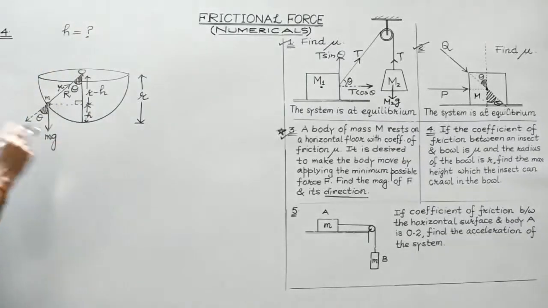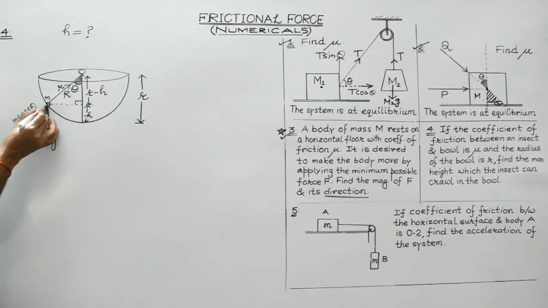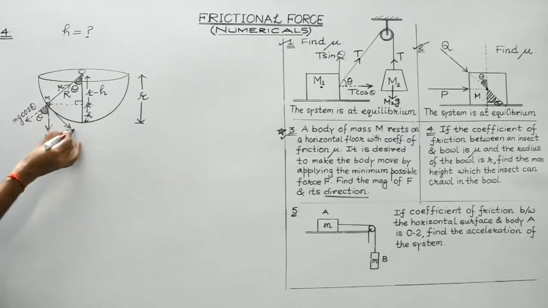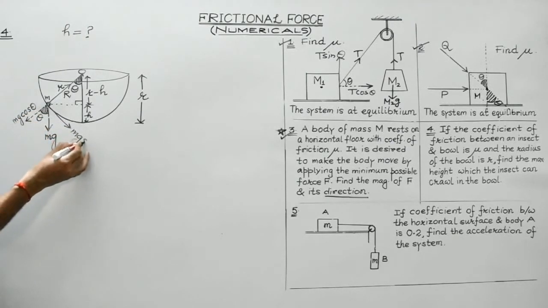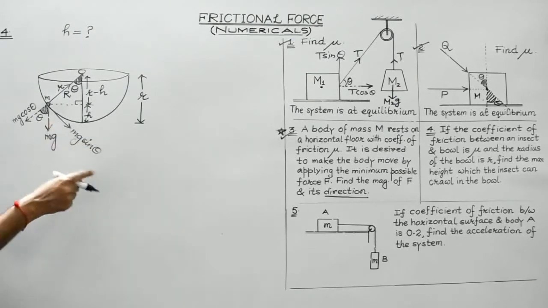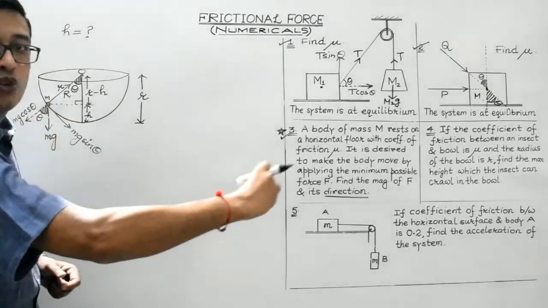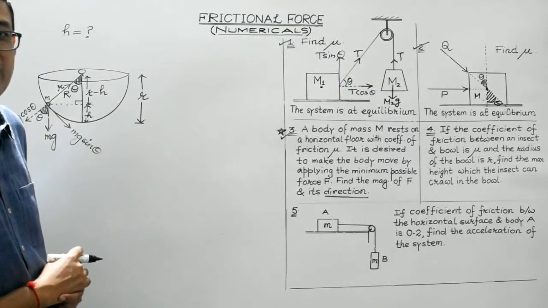So mg can be resolved into two components. This component is mg cos theta, while this component will be mg sin theta. The component mg sin theta will make the insect come back to its original position, isn't it?